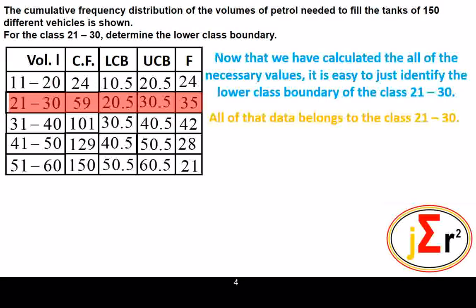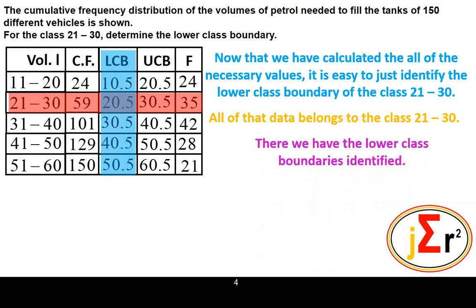We have highlighted them right there, as we previously did, and we are also highlighting all of the lower class boundaries. And we see right there the common value is the one that we need. So there we have the lower class boundaries identified also.